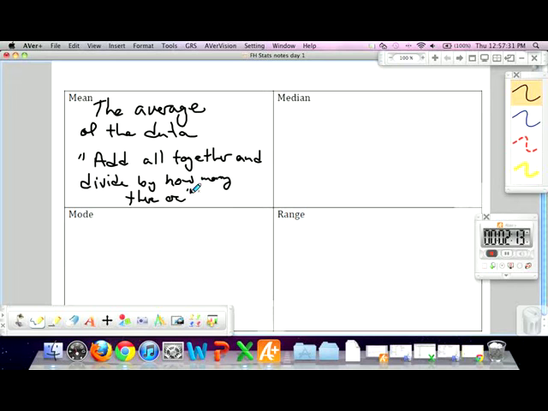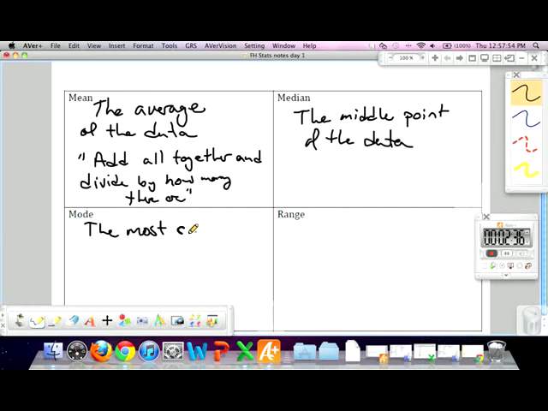Median, as we said, is the middle number. It's the middle point of the data. The mode, we said, is the most common point of data.